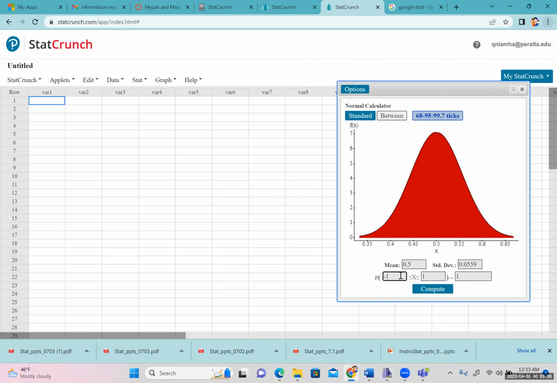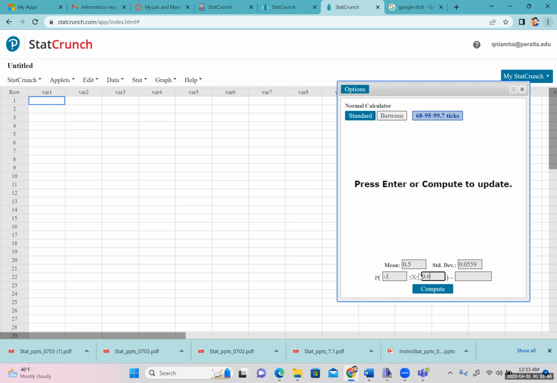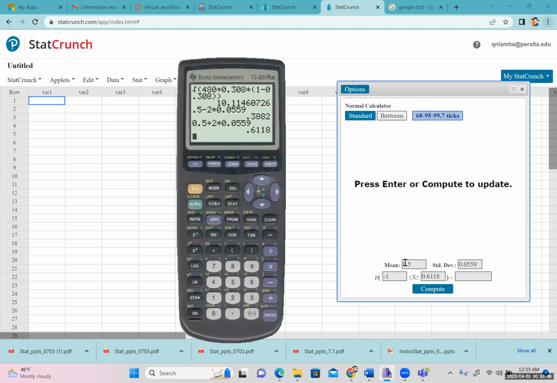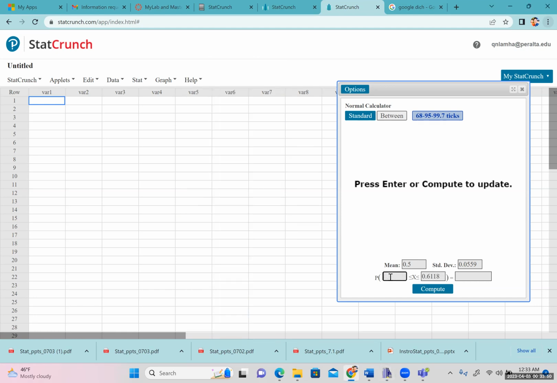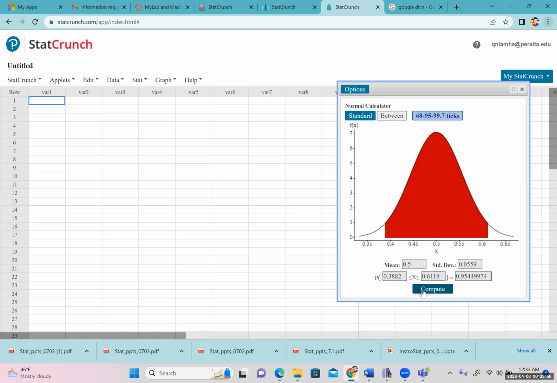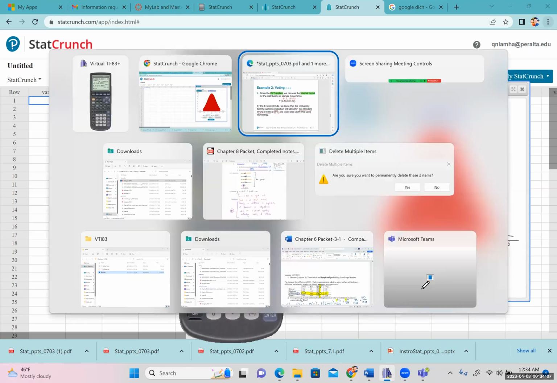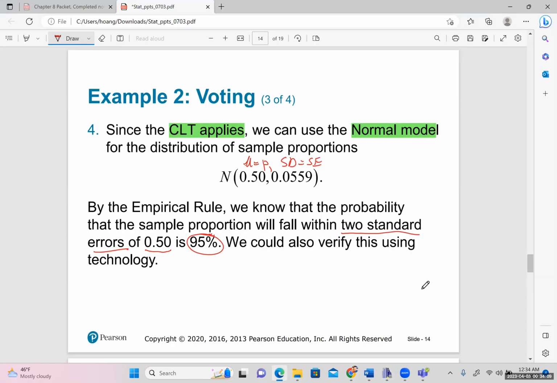So this one is 0.6118, and the one before was 0.38842. Compute. All right, you're going to have 0.954. So as you see, the rule applies, and it's going to have about 95.4% as the answer, about 95%. All right.